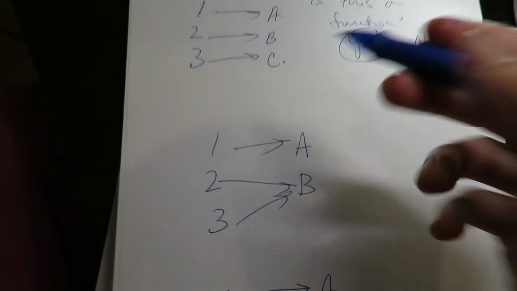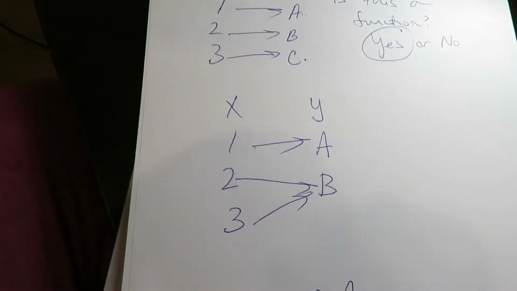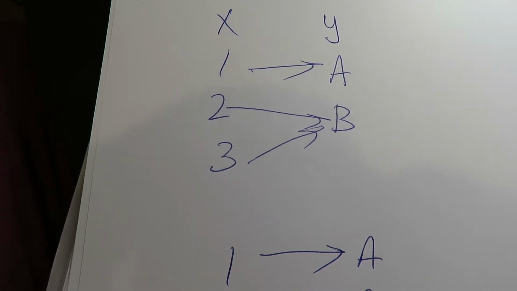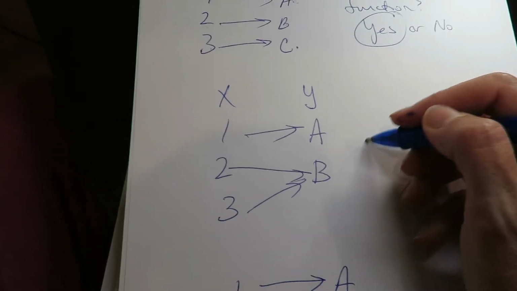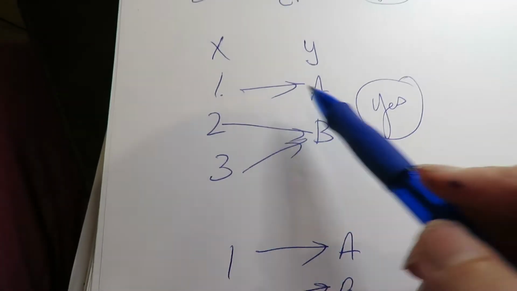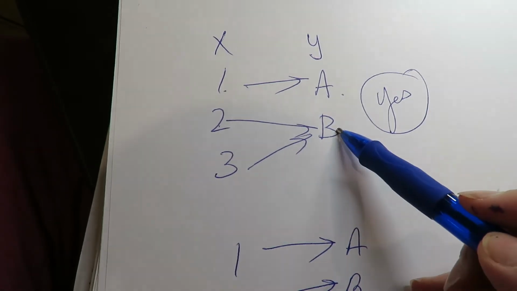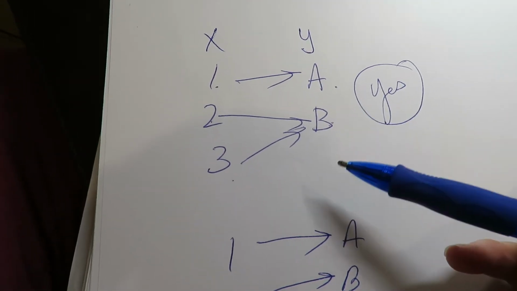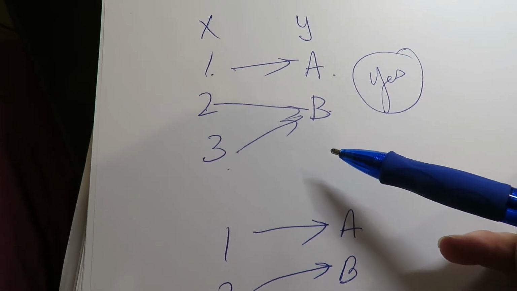Alright, how about this? Could we classify this picture as a function? And the answer is actually yes. You may be a little confused on this one, but it actually is yes, because 1 is only going to A, 2 is only going to B, 3 is only going to B. So let's think about it in terms of maybe ice cream.